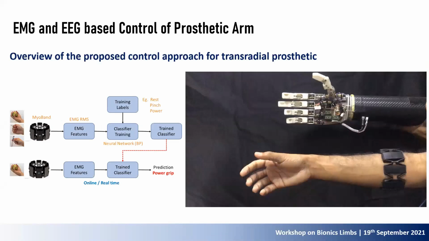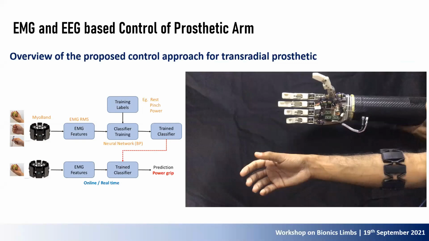At the beginning, we wanted to control this prosthetic hand using only EMG signals. So we used a pretty simple EMG system called Myoware, as you can see from this figure as well as the video. We developed a control architecture for this prosthetic control, as you can see from this diagram.